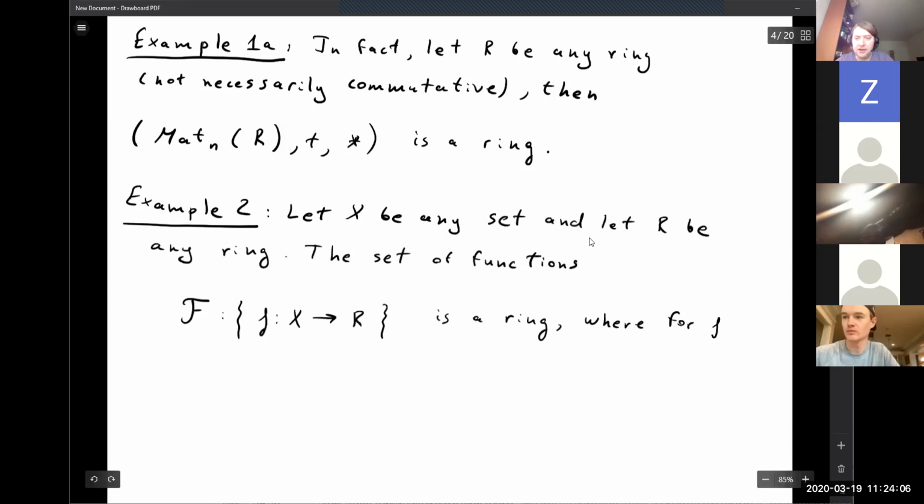For all f, g in calligraphic F, we can define f plus g.